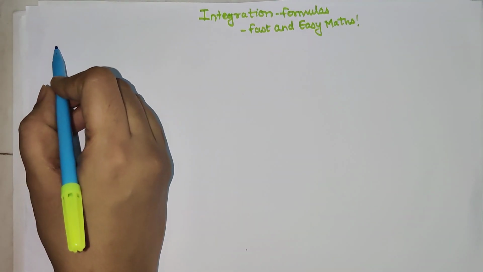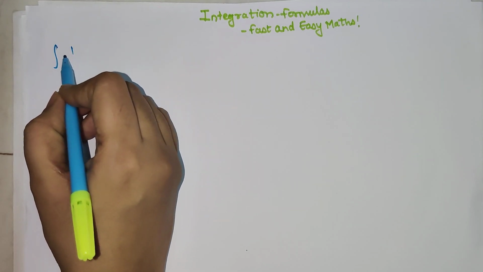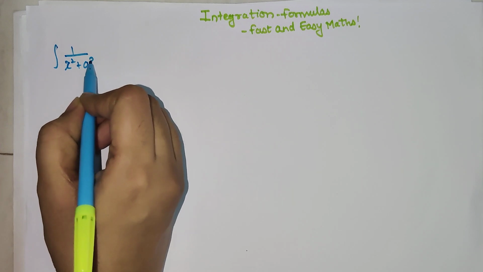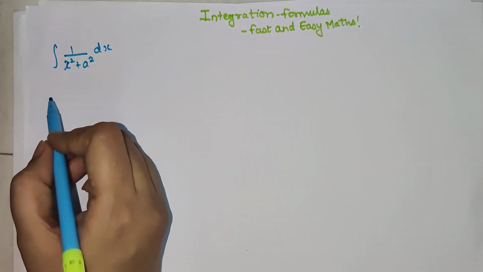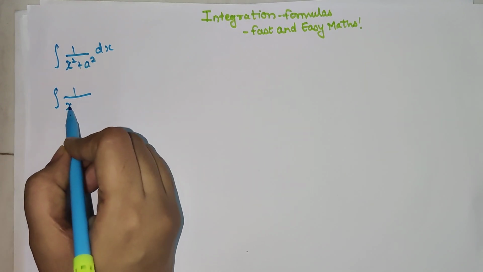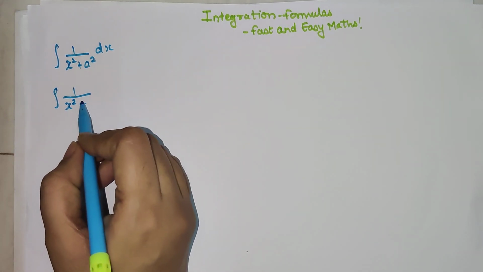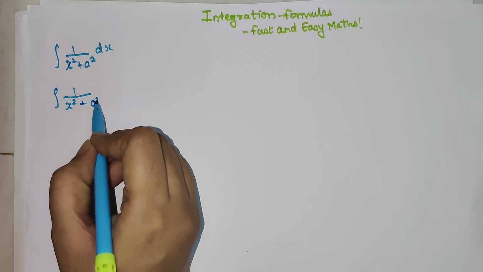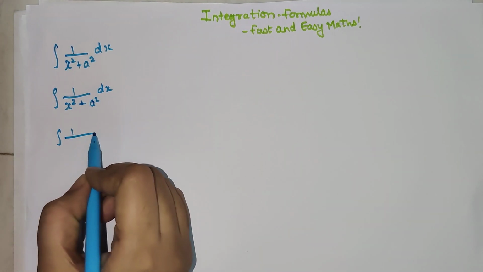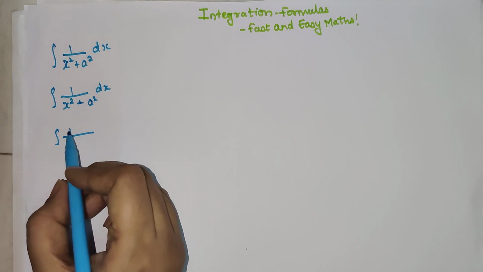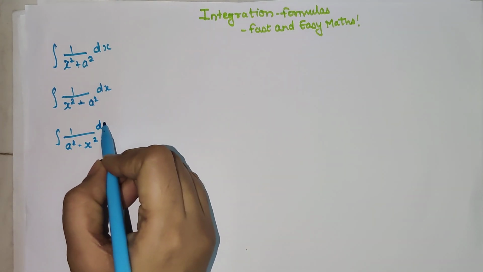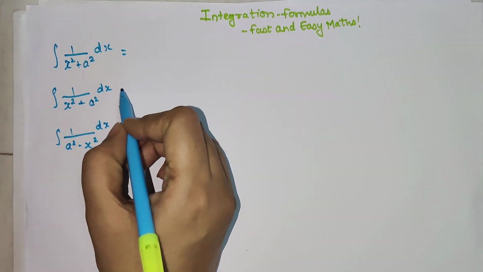So let's start with 1 upon x square plus a square dx. First we'll do 1 upon x square plus a square, then 1 upon x square minus a square dx, then we'll do 1 upon a square minus x square with respect to x.